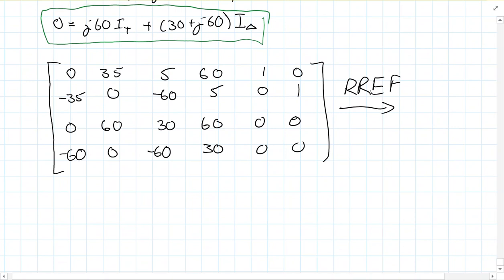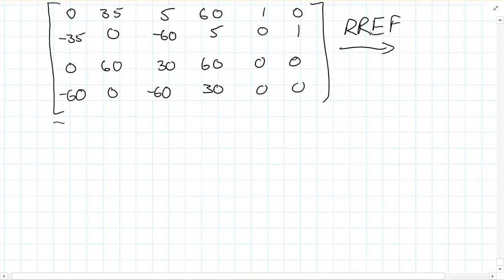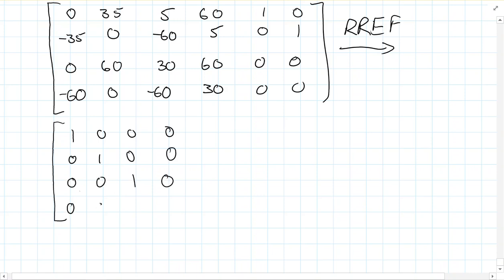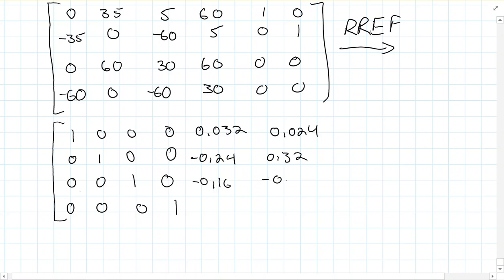And so I've plugged it into my calculator now, and the answer you wind up with, or at least I did, and I double checked my entries, is that you have your identity matrix here off on the left hand side, and then we have 0.032, 0.024, negative 0.24, 0.32, negative 0.16, negative, actually I'm making mistakes here.